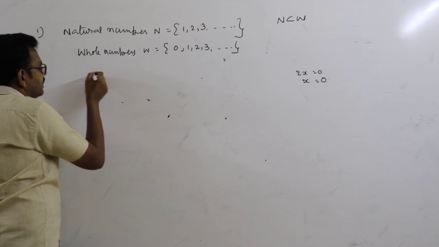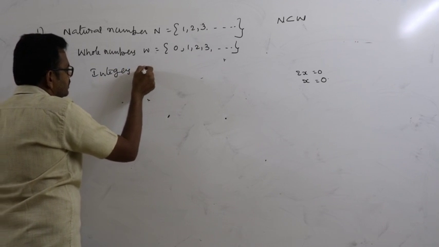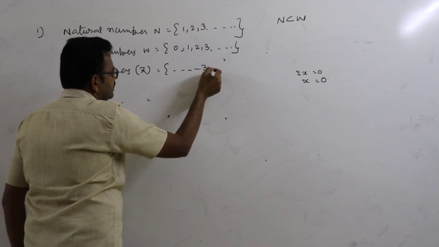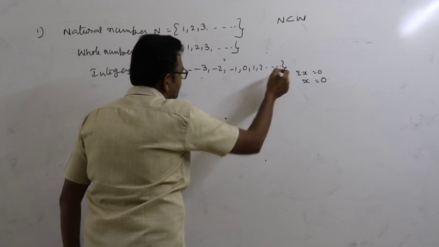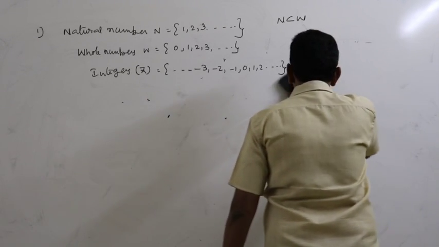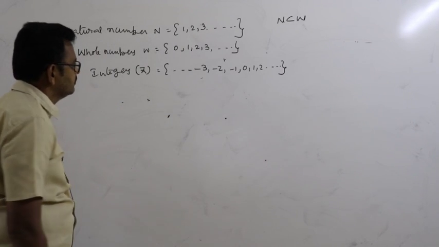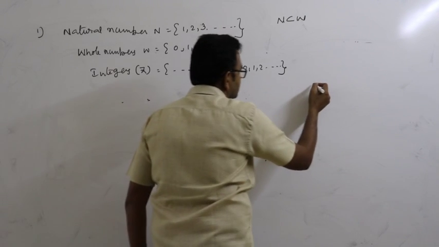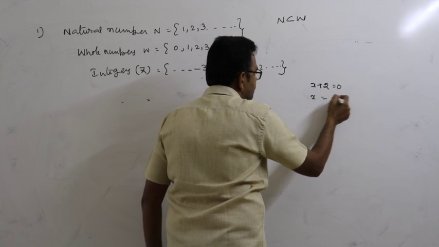Next, set of all integers, denoted by Z or sometimes I, that is minus 3, minus 2, minus 1, 0, 1, 2, 3 and so on. These are the set of all integers. For example, here x plus 2 is equal to 0. What is x equal to? Minus 2.